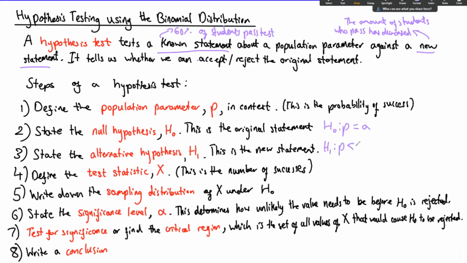Either there's evidence to show that the probability decreases, there's evidence to show the probability increases, or there's evidence to show that the probability has changed, but we don't know which way. And these two are called one-tailed tests. And this is called a two-tailed test.